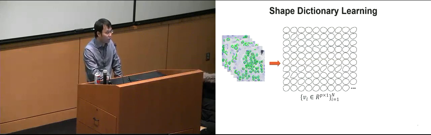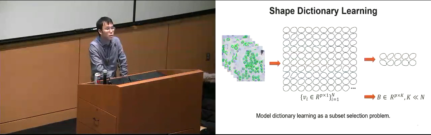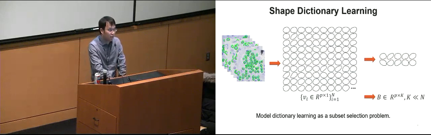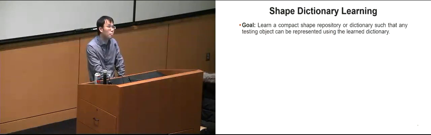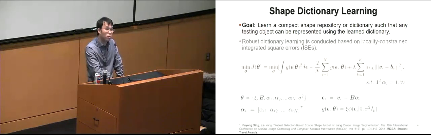Our idea is that we only need to select a few of them to represent the entire database. This is a dictionary learning problem. And the goal is that we want to learn a compact shape dictionary, such that any testing object can be represented using this learned dictionary. And this is the optimization problem we formulate.